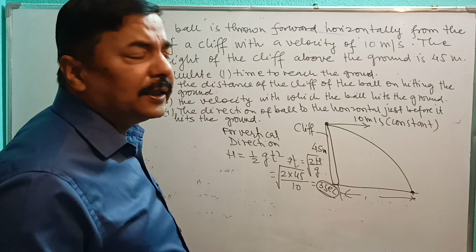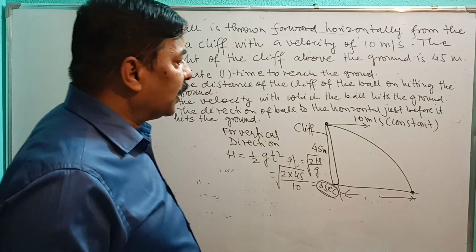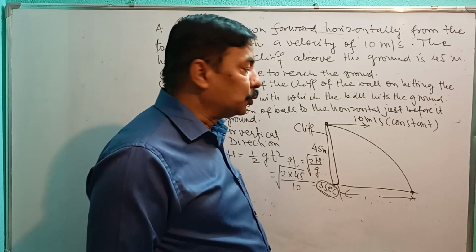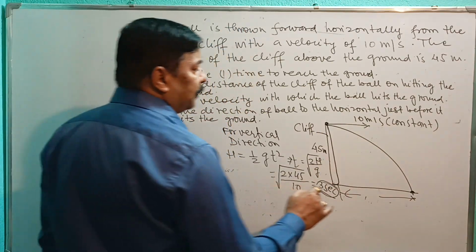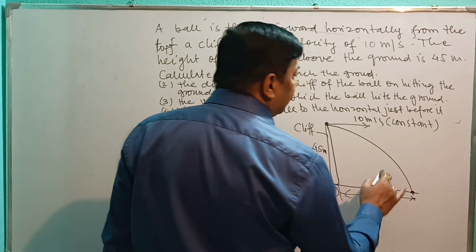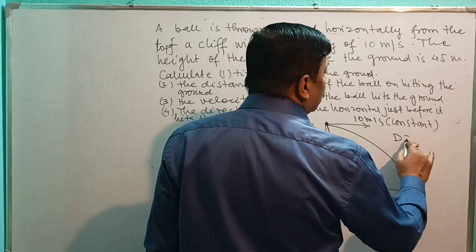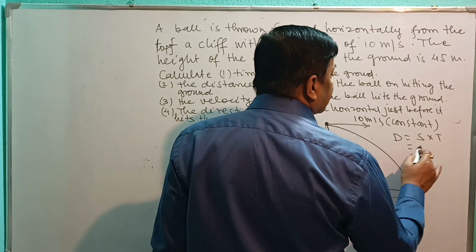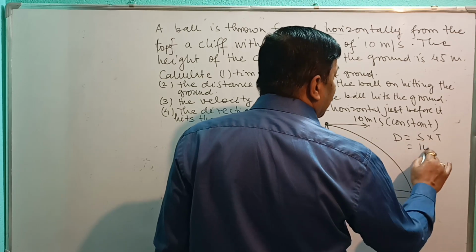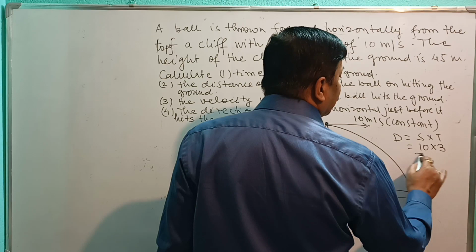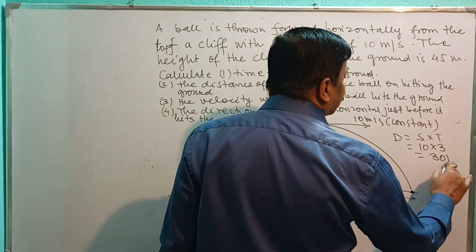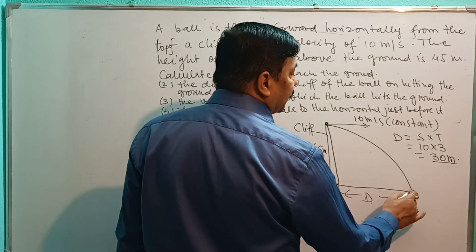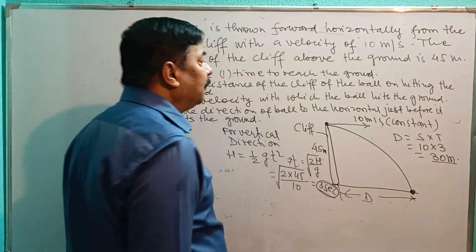So if this horizontal distance is constant, directly we can find that this distance is speed into time. So if we consider this distance as d, d must be equals to speed into time. Horizontal direction speed is 10, time is 3 seconds. So naturally it will be coming 30 meter. So 30 meter from the base of the cliff, the ball is going to hit the ground.